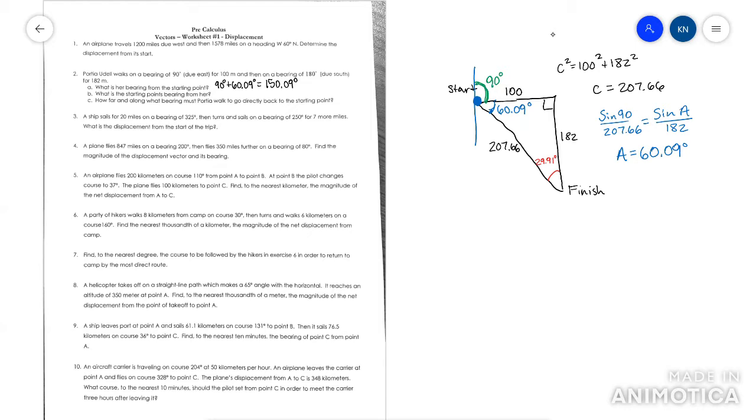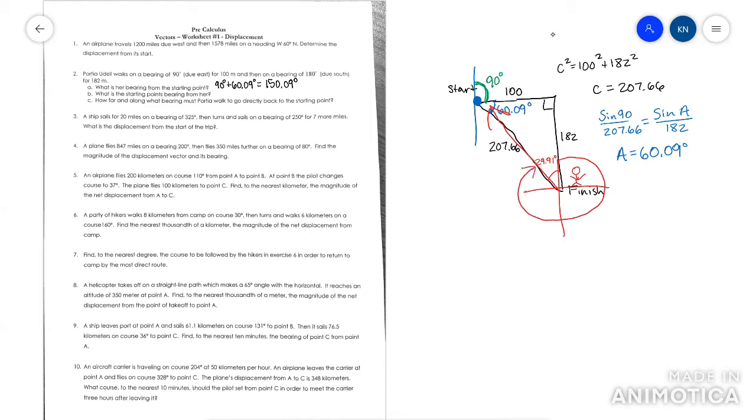Next up, what is the starting point's bearing from her? She's currently standing here at the finish line. Here she is. I'm not an artist, all right? She wants to know, looking this way, what that is. Think of it as northeast, southwest. You're going to have to do this entire rotation.